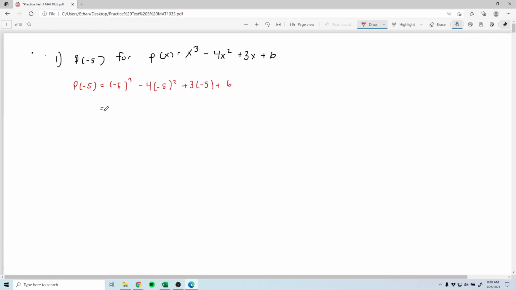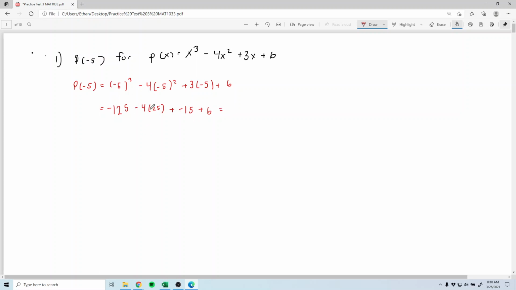And if you've got a calculator, you could probably do this all at once. I'm just going to do it step by step, so as not to skip too much. Negative 5 cubed is negative 125, minus 4 times negative 5 squared, which is positive 25, plus 3 times negative 5. There's no exponent there, so we can just do that: negative 15, plus 6. And maybe you're still not comfortable doing it all in the calculator at this point.